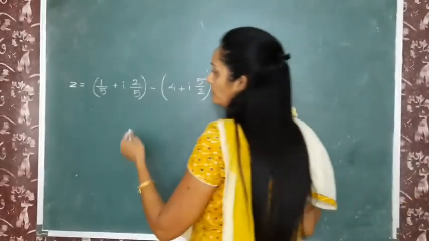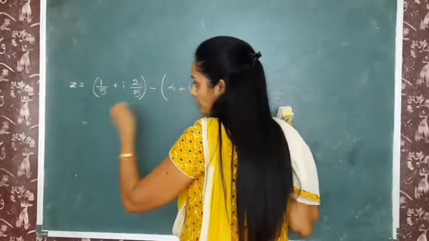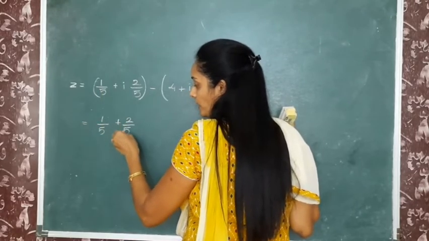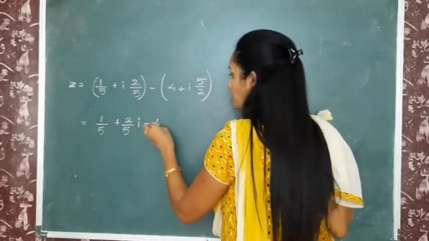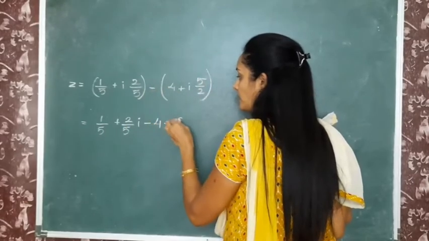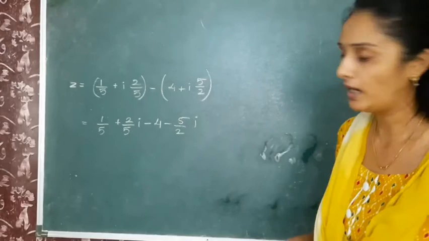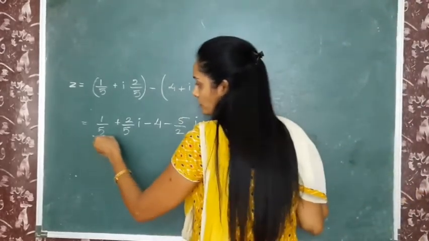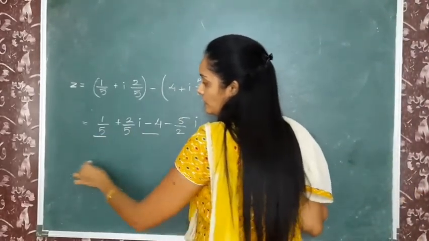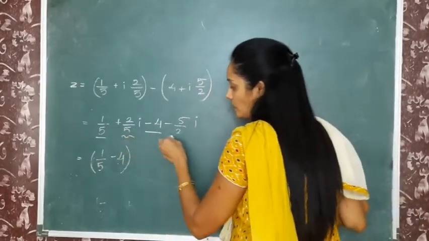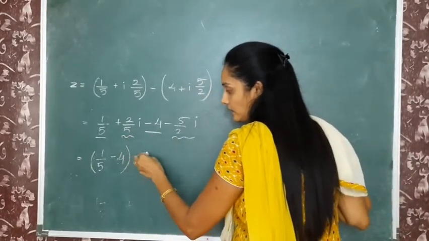We expand the bracket, otherwise open the bracket. So here 1 by 5 plus 2 by 5 i, minus 4, minus plus minus 5 by 2 i. And as you know, these two terms are like terms, so from these two terms we can take i as common.